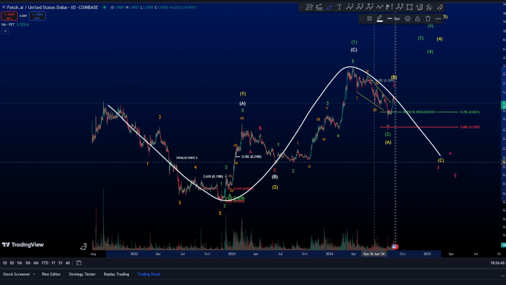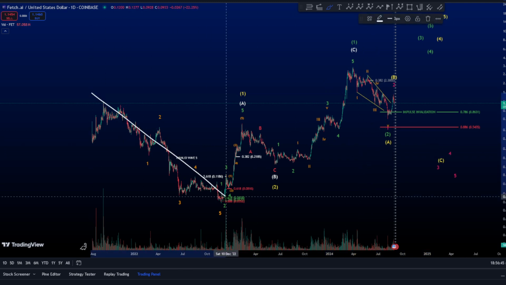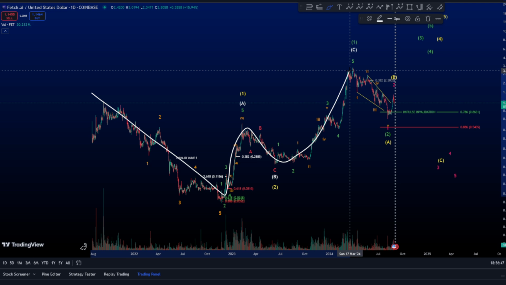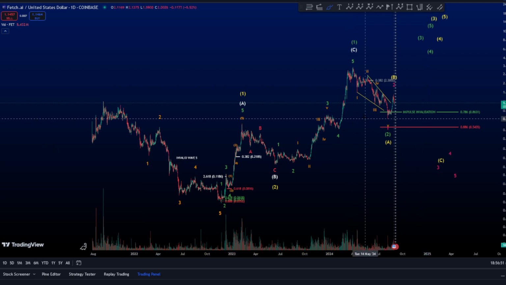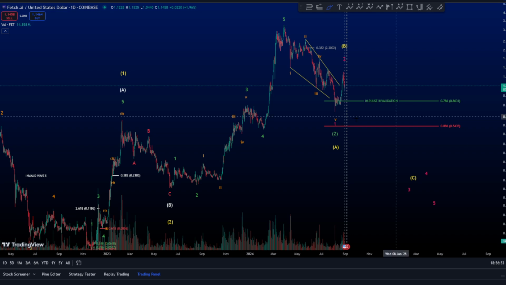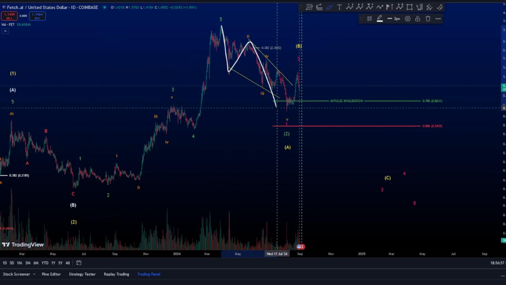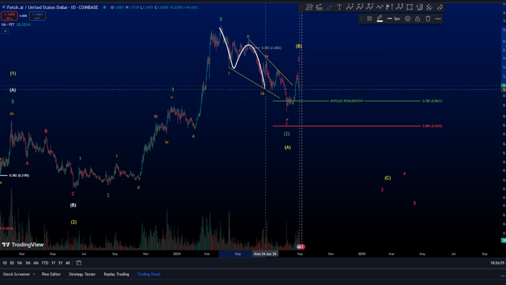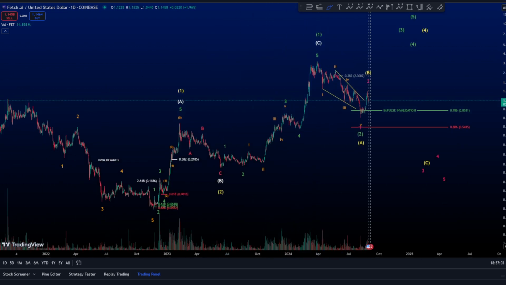We are looking for a wave C towards the downside, having here 5 waves down, 3 waves up and 5 waves down. To support our analysis here, we have already seen 5 impulsive waves towards the downside, 1, 2, 3, 4, 5, and that supports our analysis more, that the 1, 2, 1, 2 is invalidated as well.